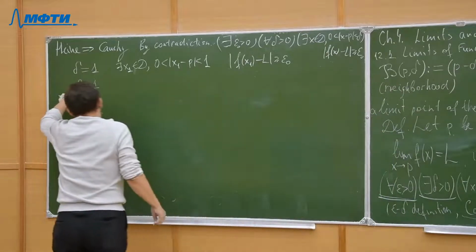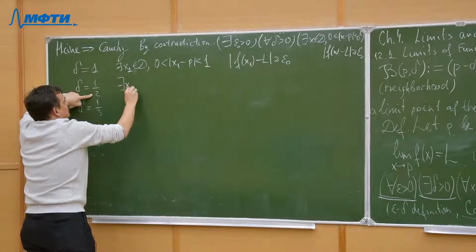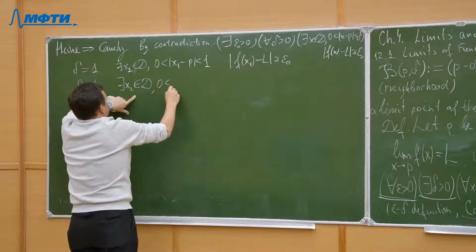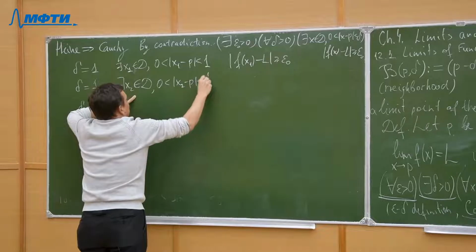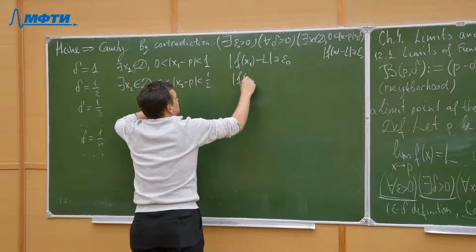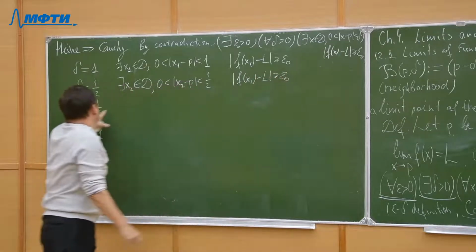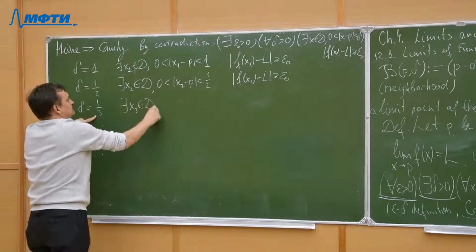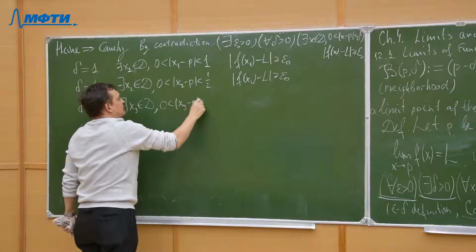For delta equals to 1/2, again there exists x. I'll denote it by x2, and it satisfies that chain of inequalities. F of x2 minus L greater or equal epsilon naught. For 1 over 3, again there exists a value which satisfies now this inequality.